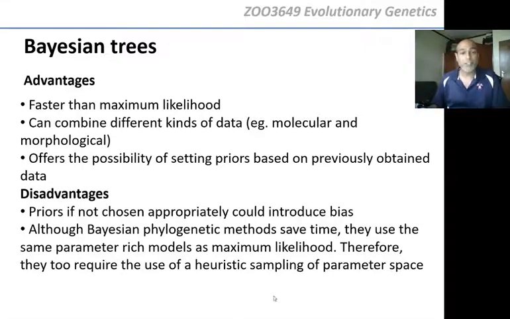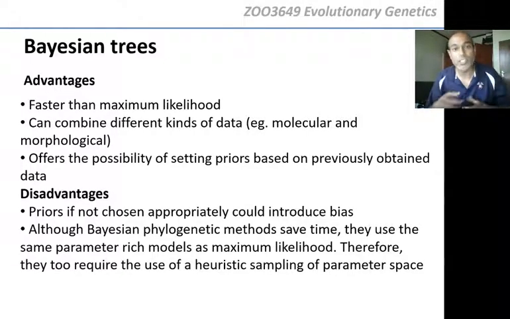Another disadvantage, which is the same disadvantage as maximum likelihood: Bayesian also requires, because it also has to calculate likelihood, even though it's calculating likelihood within the prior distribution you've set. It's calculating the likelihood by drawing from that prior distribution. Despite that, it still needs a Markov chain Monte Carlo heuristic sampler, because it can't do it without it.